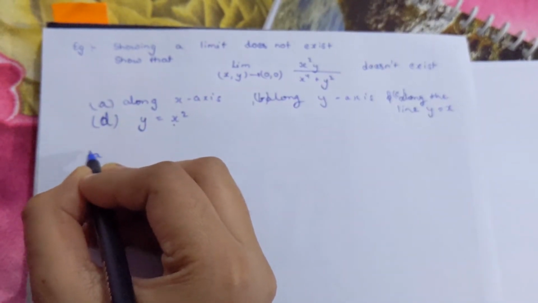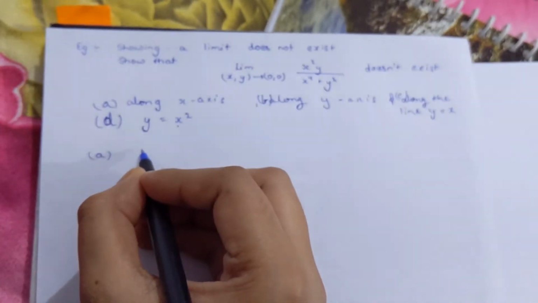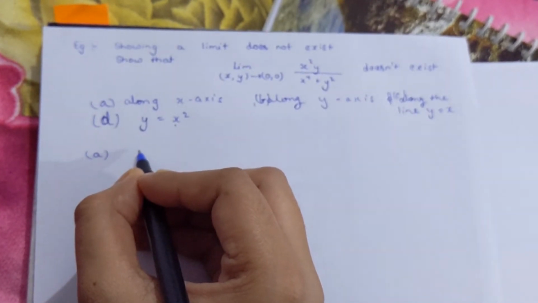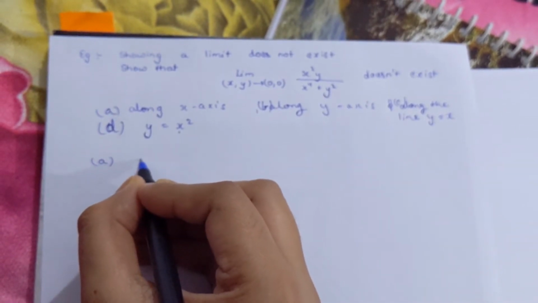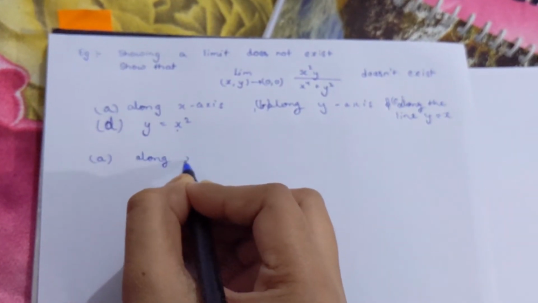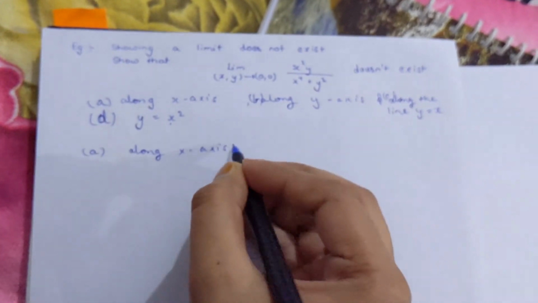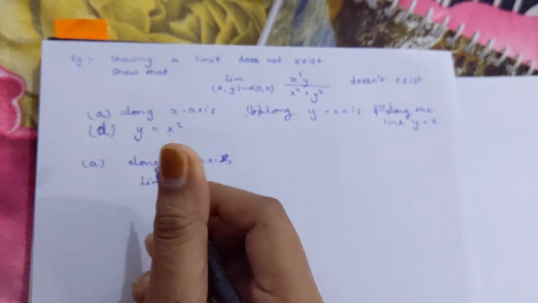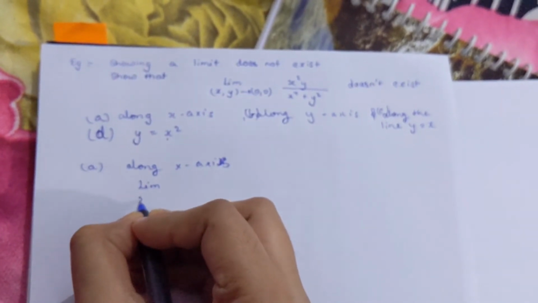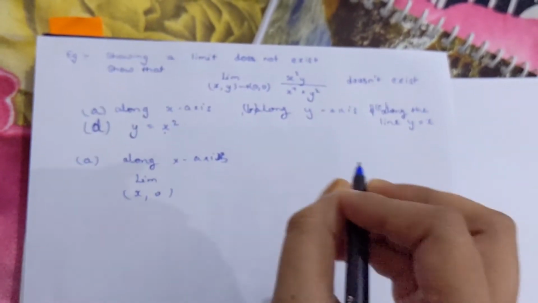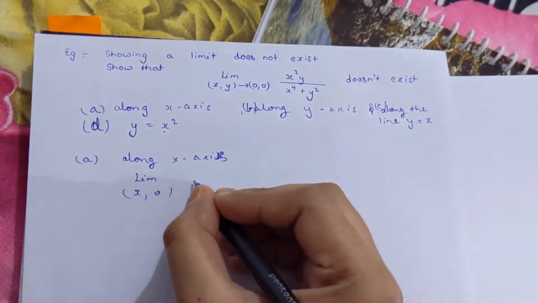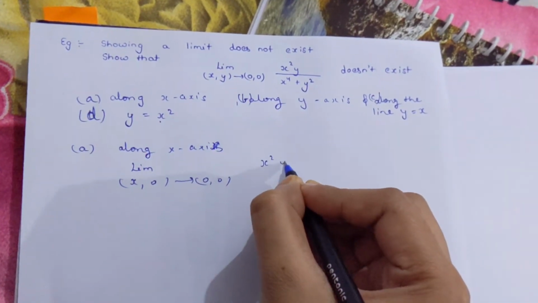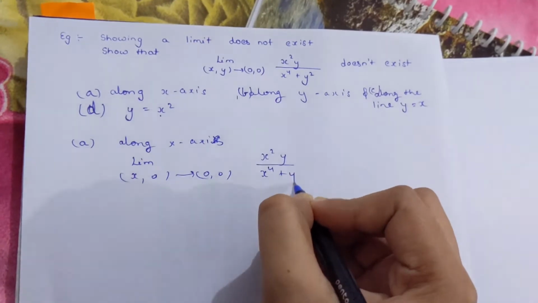Okay, let's try solving the a part. Like we did in the previous video, we'll consider a point along the x-axis, which would mean x comma 0, as (x, y) tends to (0, 0), in x squared y upon x to the fourth plus y squared.